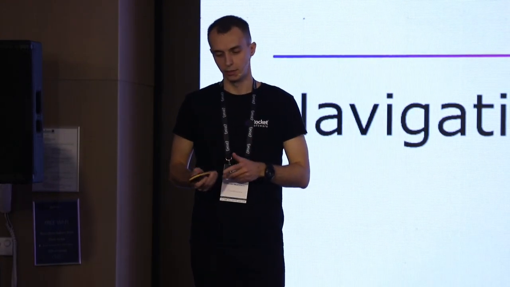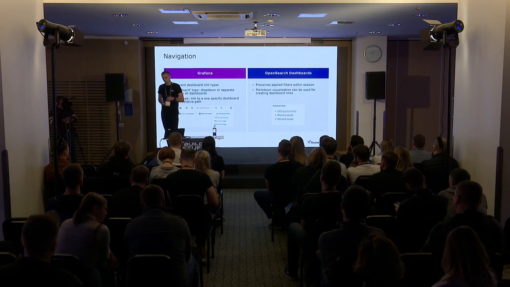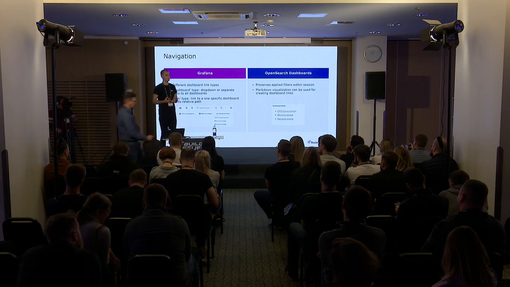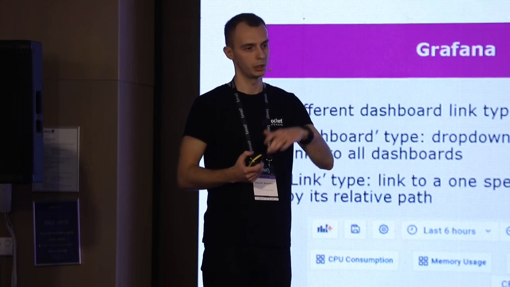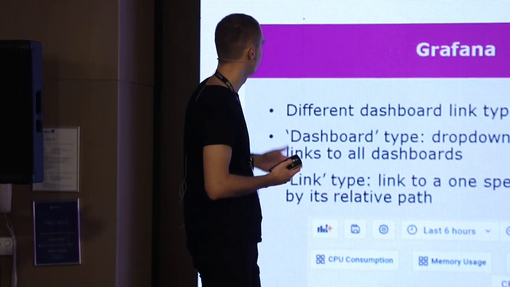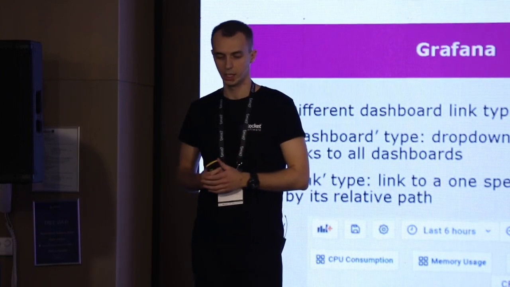Okay, so let's look at the navigation options available in both tools. When you have a set of related dashboards, you want to go from one dashboard to another to see related data. In Grafana, it's possible to achieve that by defining different dashboard link types.